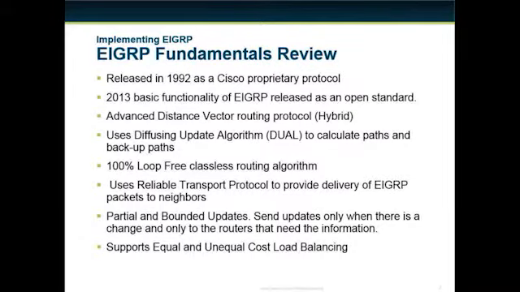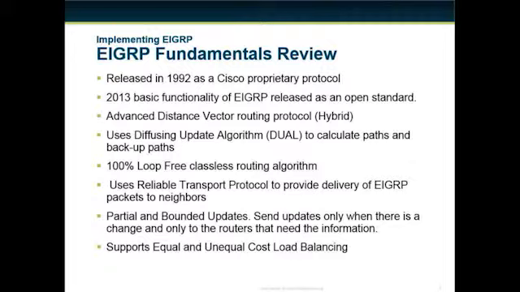EIGRP is also one of the only routing protocols that actually supports equal cost and unequal cost load balancing. Now, we can do unequal cost load balancing in other routing protocols if we make the paths appear to be equal by manipulating metric values or interface configurations. EIGRP doesn't require that.